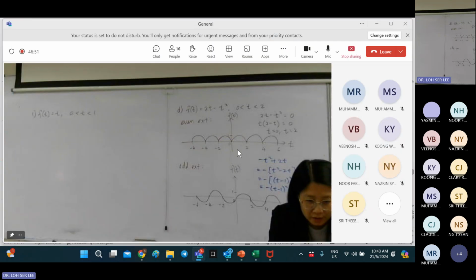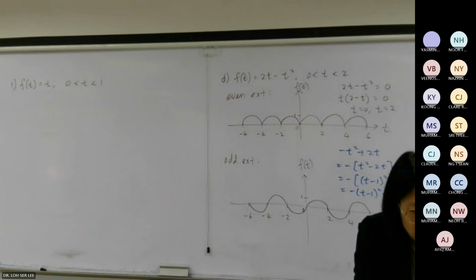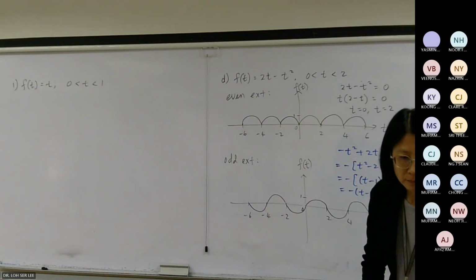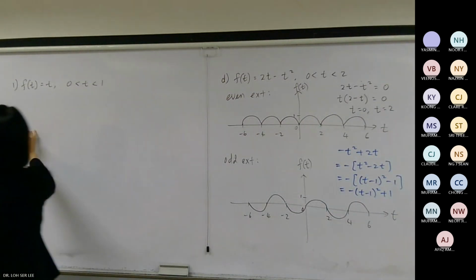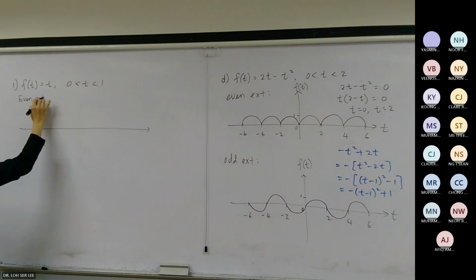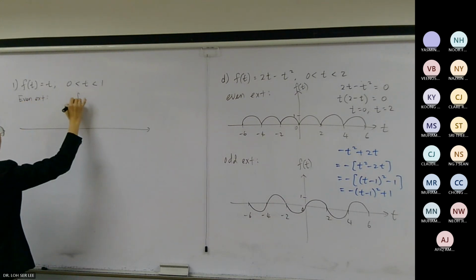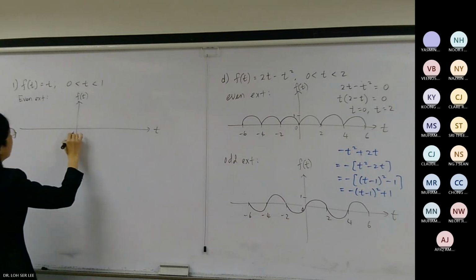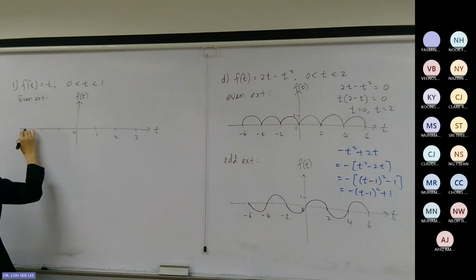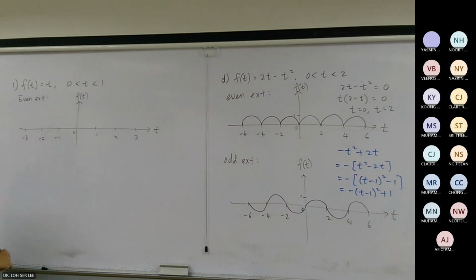It wants only the even extension. And after that, find the Fourier cosine series.